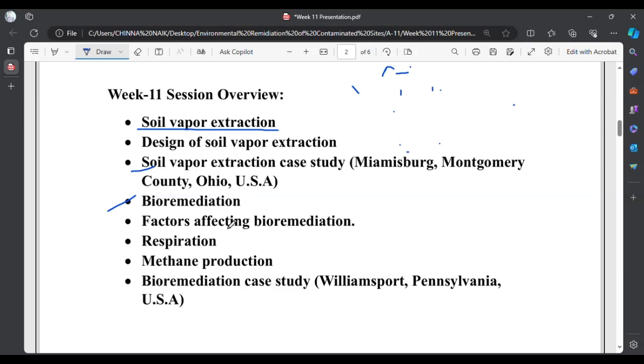And after that we discussed the factors affecting bioremediation. Generally, three factors we are majorly considering. Those are bioavailability.